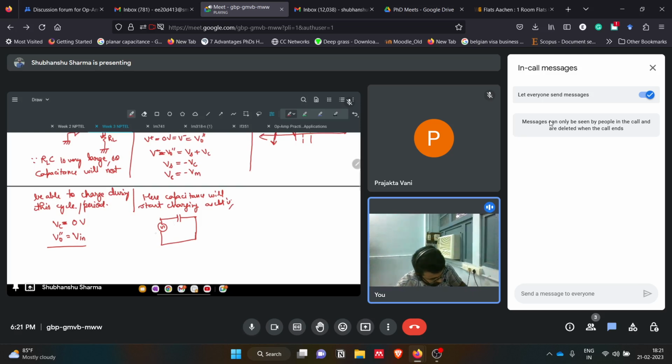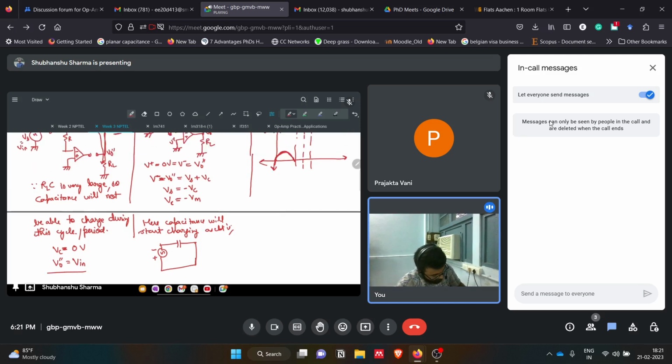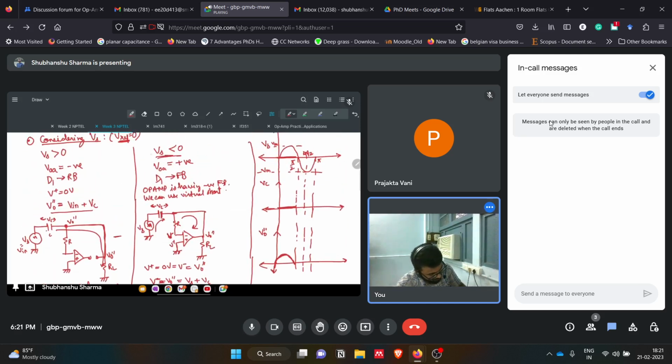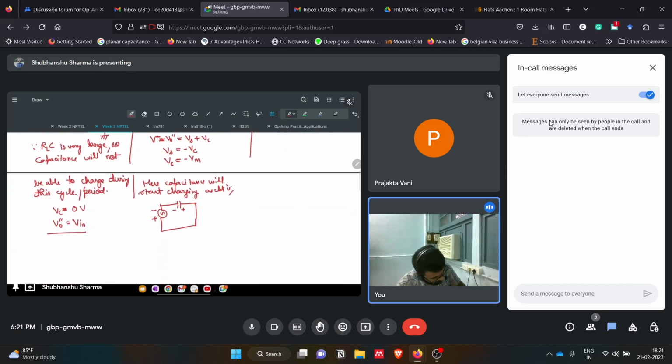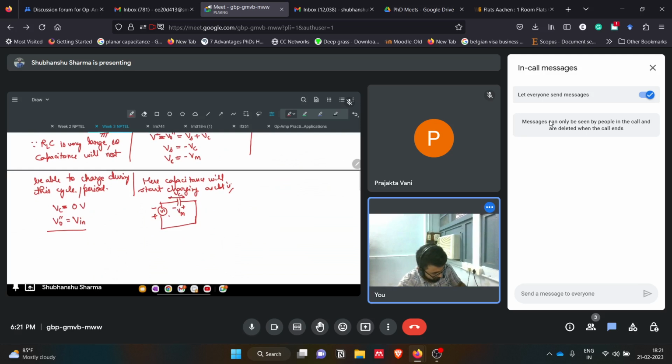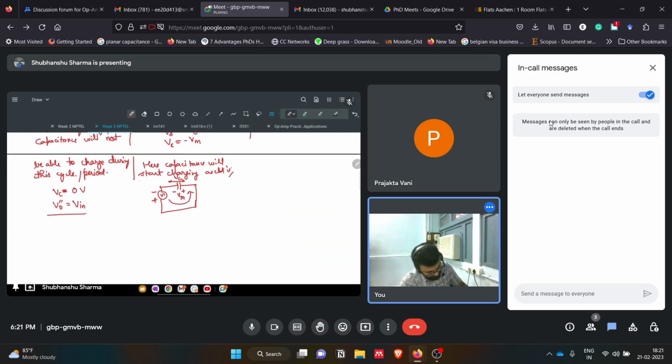Since we had a negative polarity here, because we are talking about Vs less than 0 in this case, okay, this is plus minus, so we will get a charge plus minus Vm here. So this is Vc. So Vc will look like this.